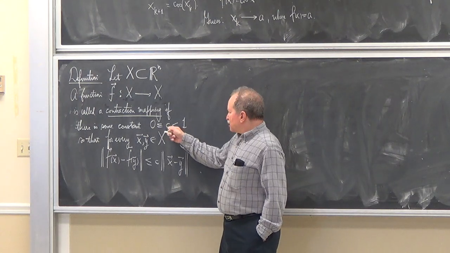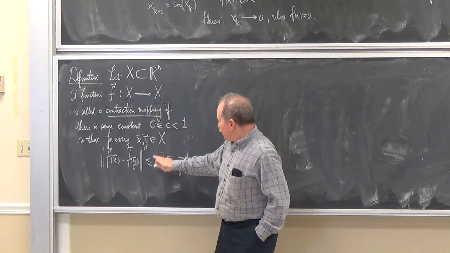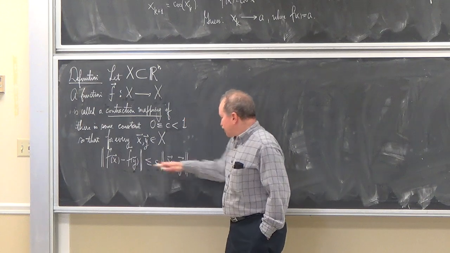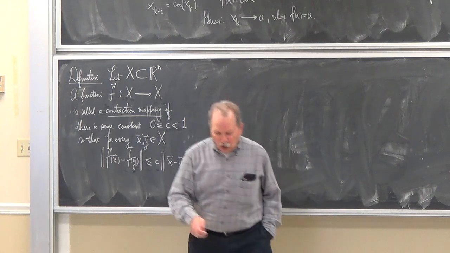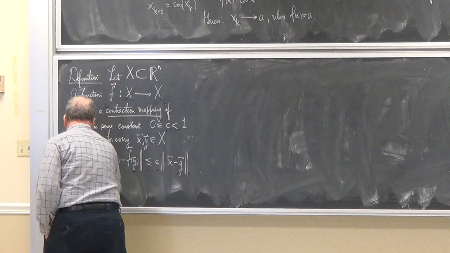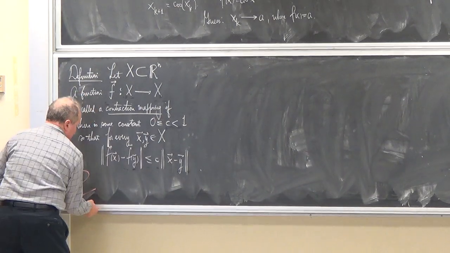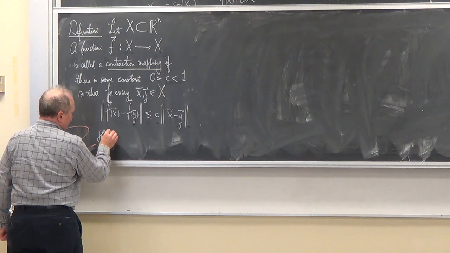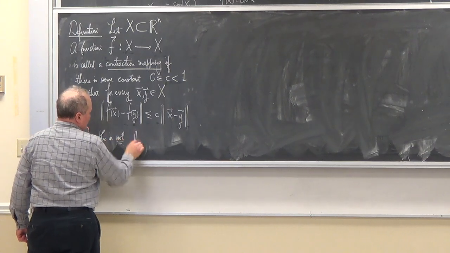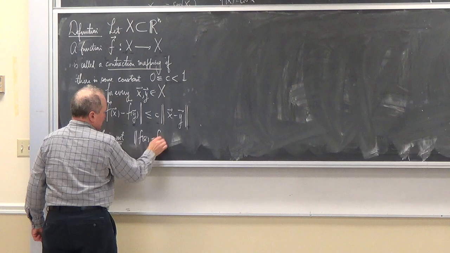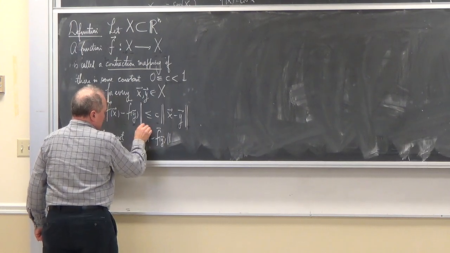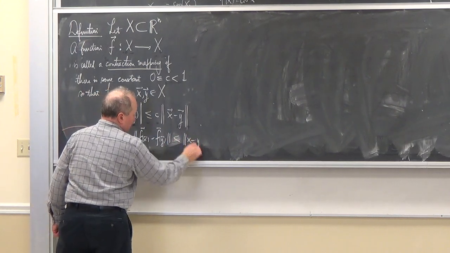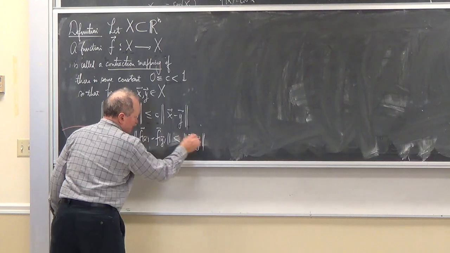So it's not good enough to say that this number is less than this number. So the warning here, the danger sign, is we are not saying the statement f of x minus f of y is less than x minus y distance.